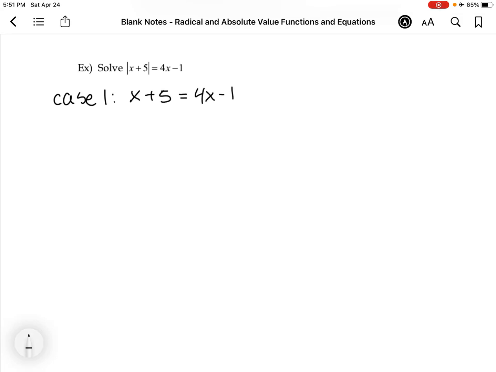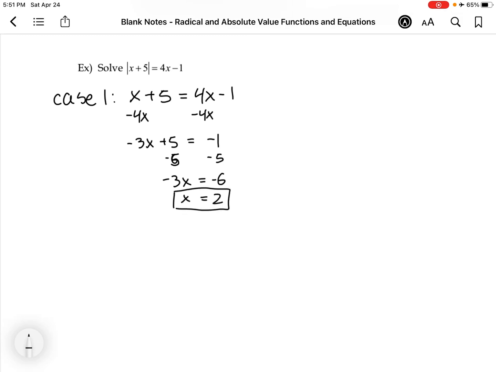Okay, now here we just need to solve. So we're going to get, let's see, maybe I'll subtract 4x from both sides. And I'm going to have negative 3x plus 5 equals negative 1. And then subtract 5 from both sides. And I get negative 3x equals negative 6, which means x equals 2.